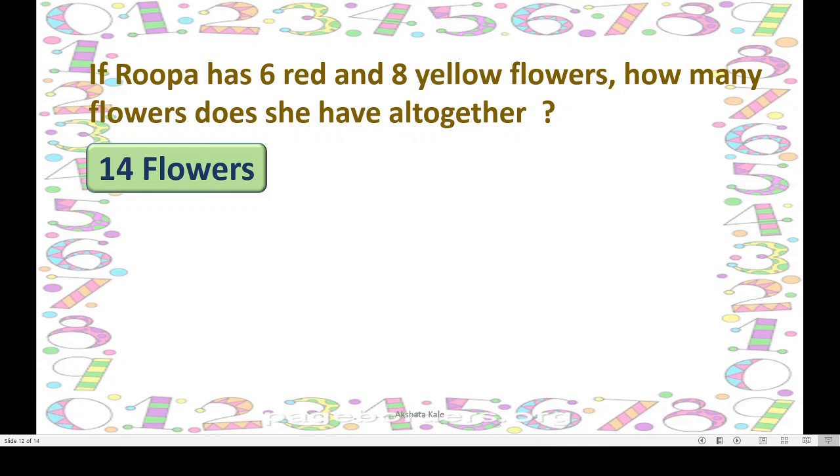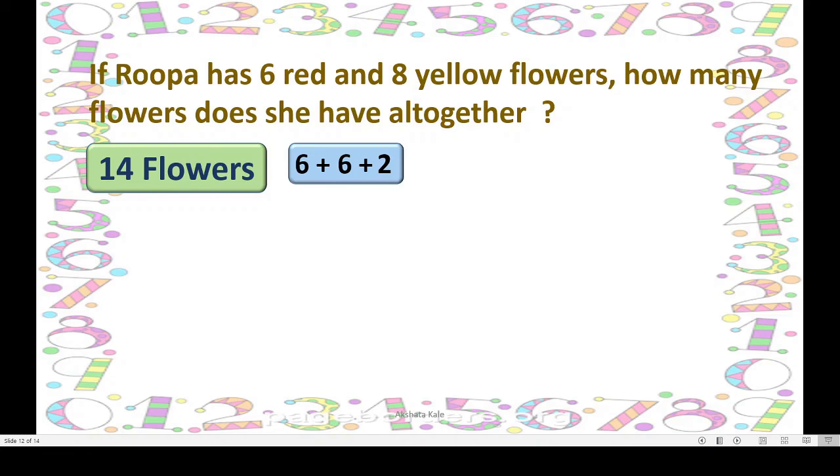Now, dear children, here 6 red and 8 yellow flowers are there. Isn't it? So that 6 and 8. What is the difference? Difference of 2. Correct? So we can write 6 plus 6 plus 2. It is easy, I think. 6 plus 6 is 12 plus 2, that is 14. Like this also we can do.